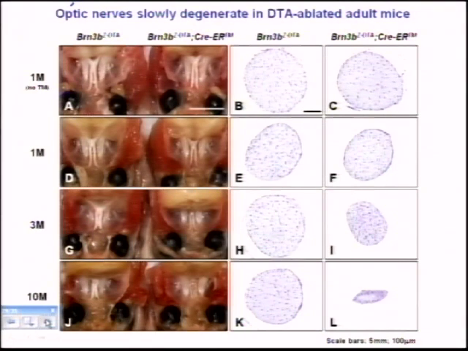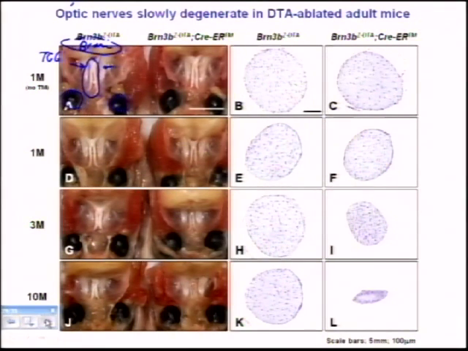And here are the eyeballs of the mouse, and the brain's back here. Pretty gross, huh? For biochemists, I guess. And these structures here are the trigeminal ganglia. And the important structure here is the optic nerve.